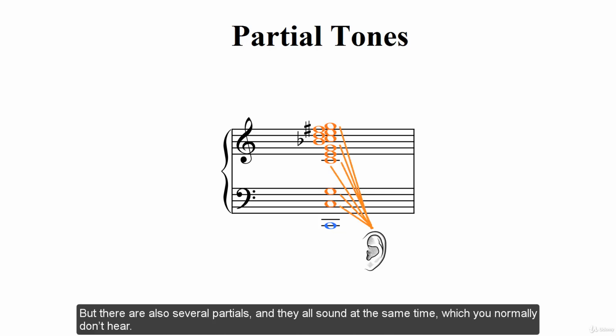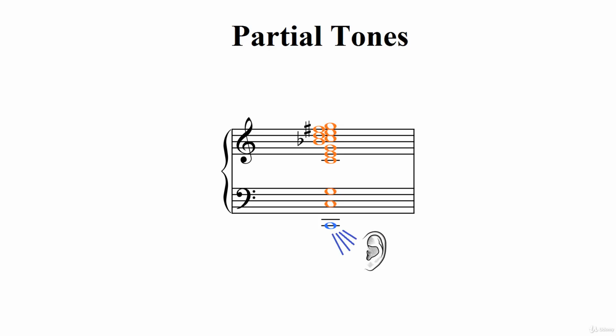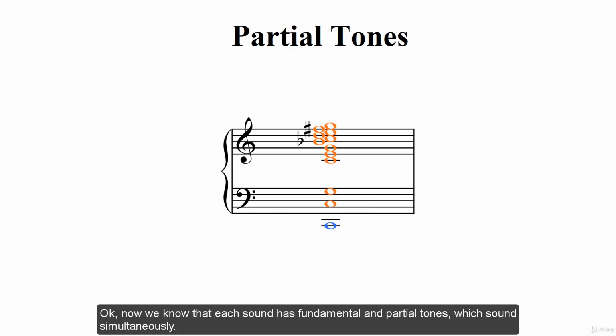But there are also several partials and they all sound at the same time, which you normally don't hear, because these partials are heard as much weaker than the fundamental. Eventually, they all vibrate simultaneously and appear to us like a single C note. Okay, now we know that each sound has a fundamental and partial tones, which sound simultaneously.